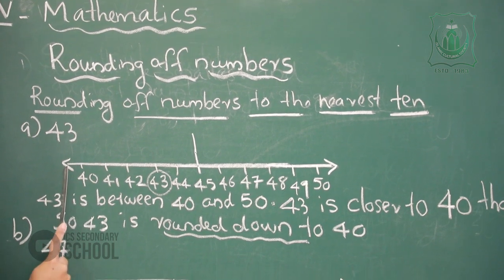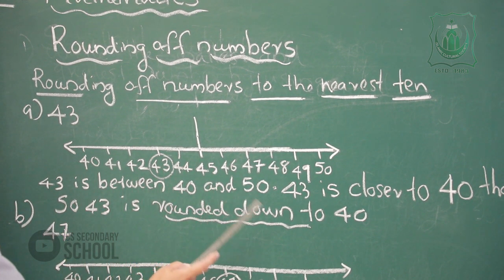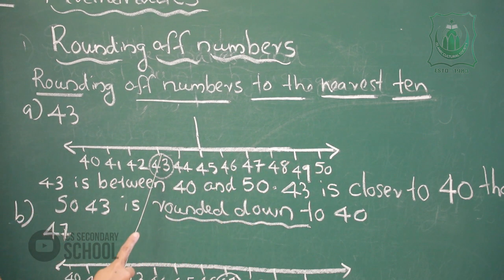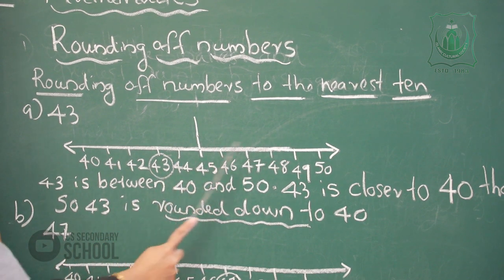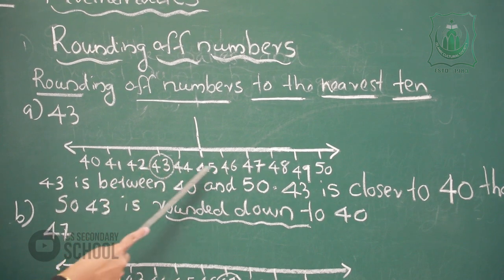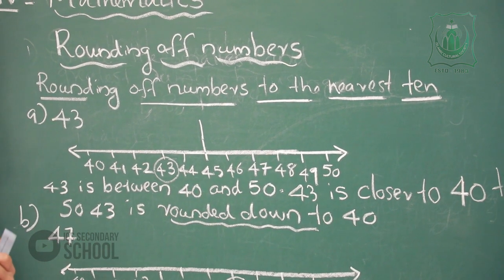Okay, so 43 is between 40 and 50. Am I right? But 43 is closer to which number, 40 or 50? 43 is closer to 40 than 50.